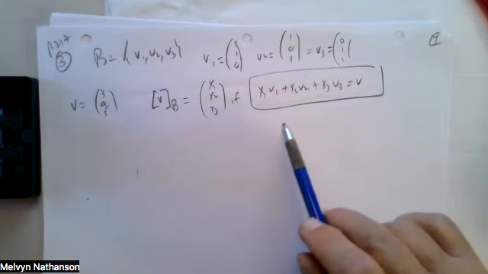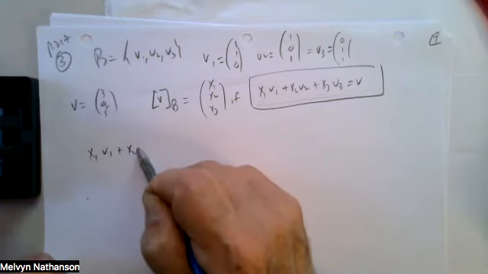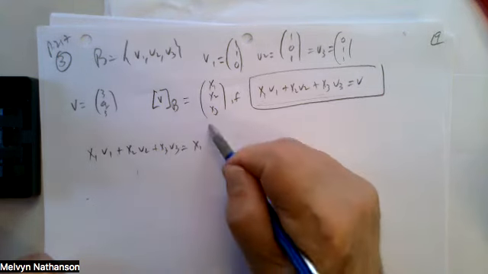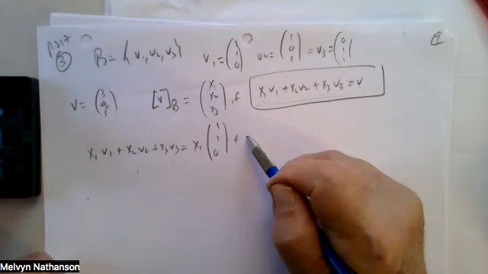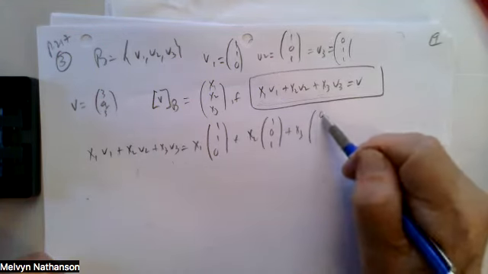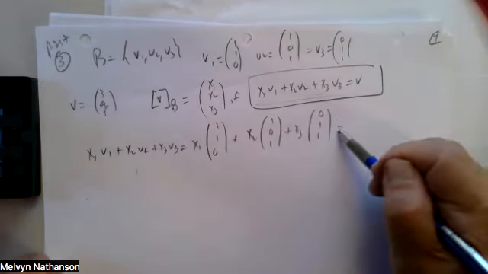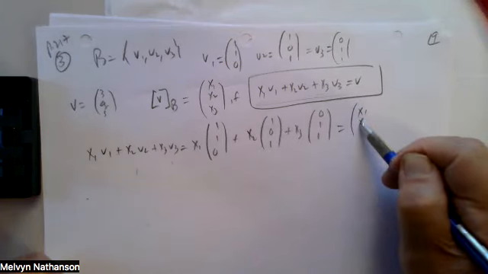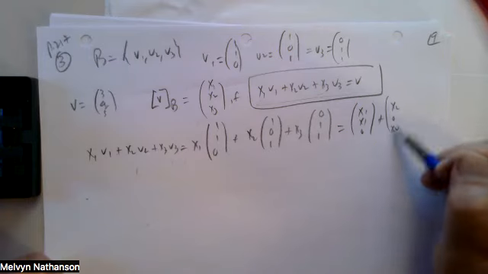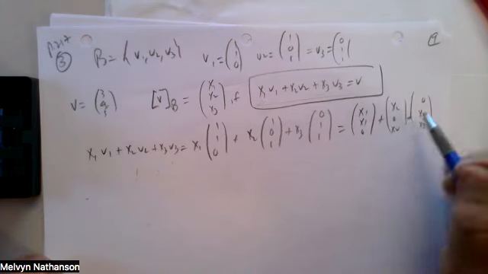So let's write this out in coordinates. What is x1 v1 plus x2 v2 plus x3 v3? That's x1 times 1, 1, 0 plus x2 times 1, 0, 1 plus x3 times 0, 1, 1. This is x1, x1, 0 plus x2, 0, x2 plus 0, x3, x3.